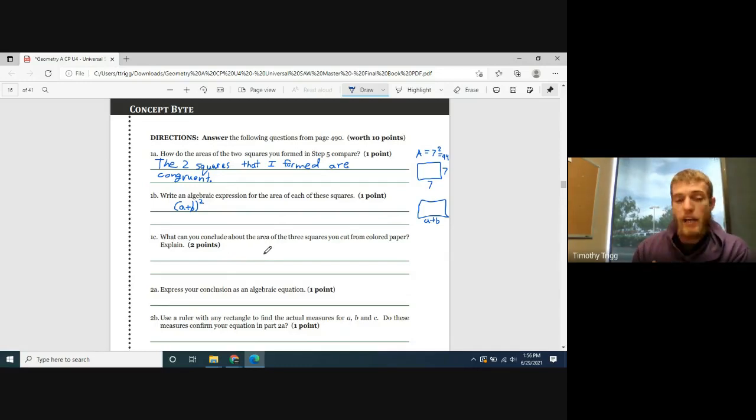Now that should be the area of both of the squares that you formed. If you want, you can square this out by doing a plus b times a plus b, and that would be a squared plus 2ab plus b squared. This is the area, usually shown with a capital A. This is the area of this square here. So that's the inside area, inside of this.